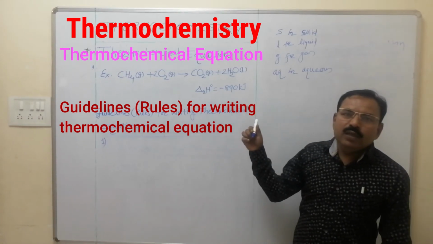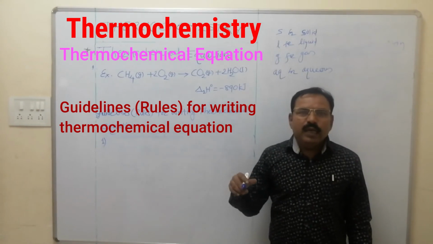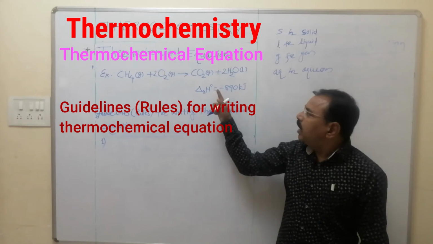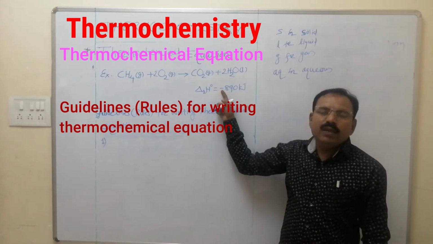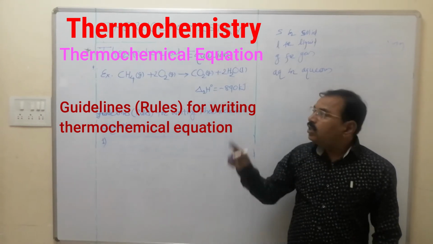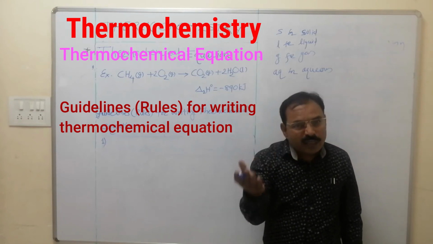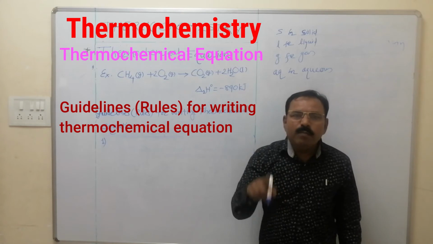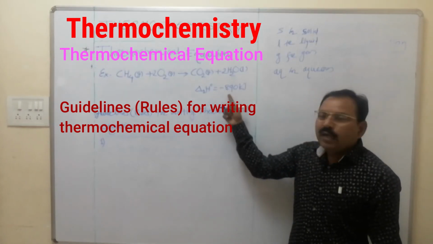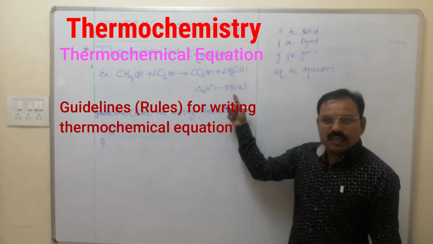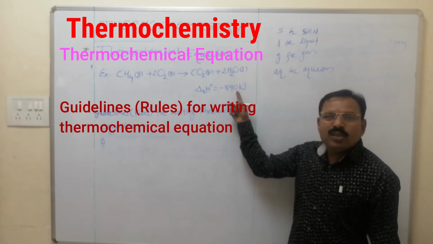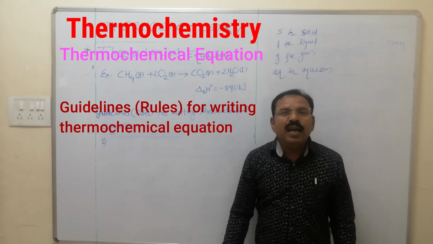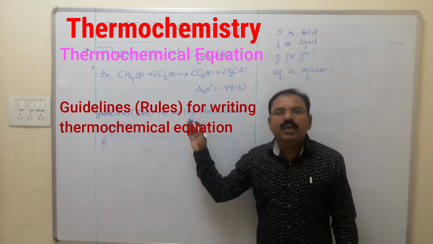Now the fourth guideline or fourth rule: if reaction is reversed, the sign of enthalpy change is also reversed, that is exothermic process becomes endothermic and endothermic process becomes exothermic, but magnitude remains unchanged. That means this value does not change, only sign changes. And the last guideline for writing thermochemical equation is like this.